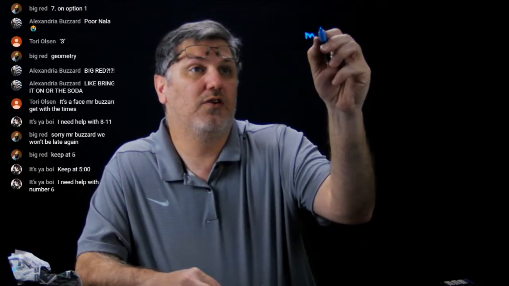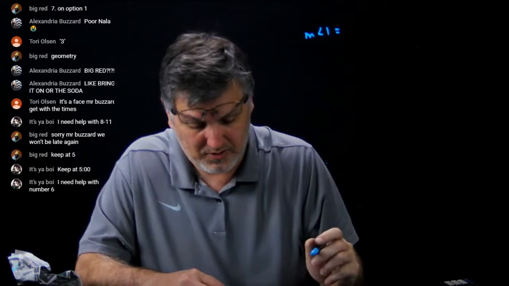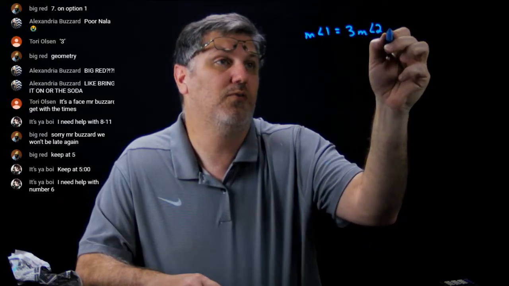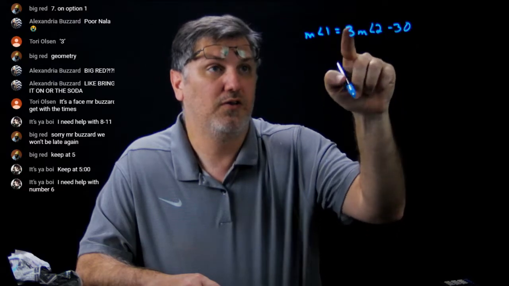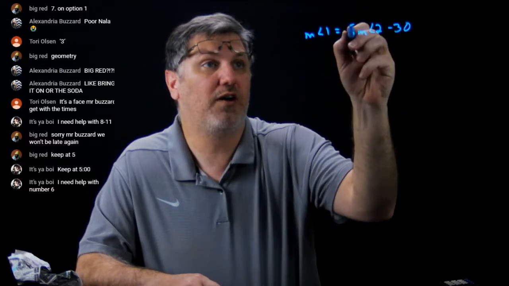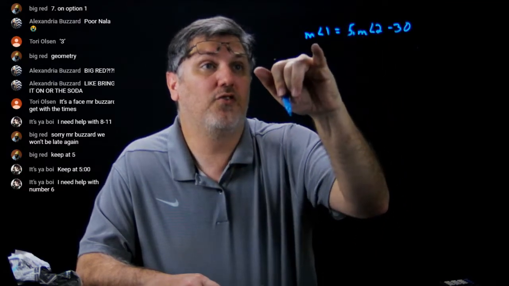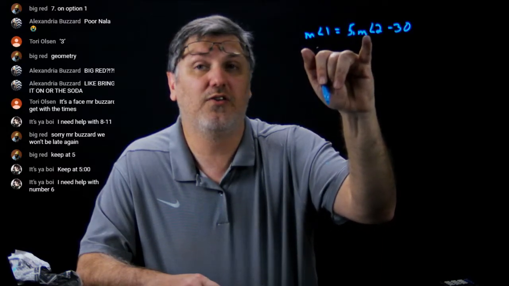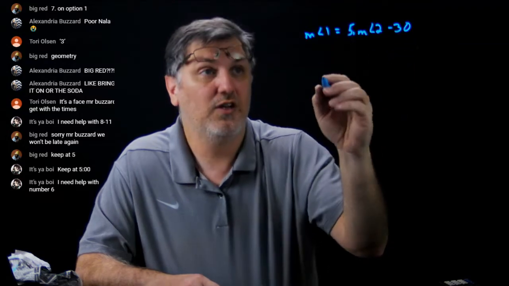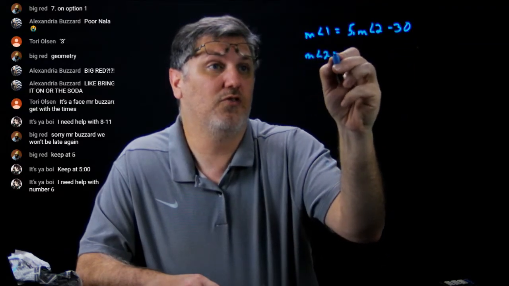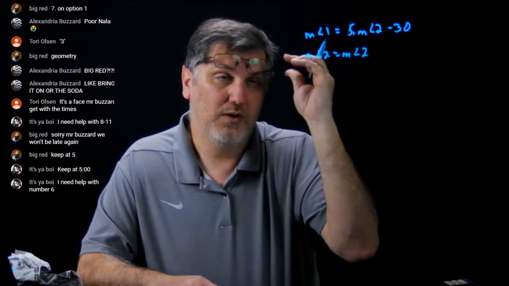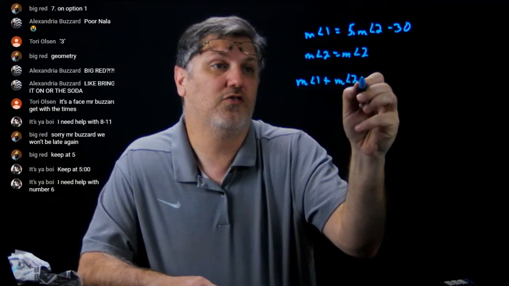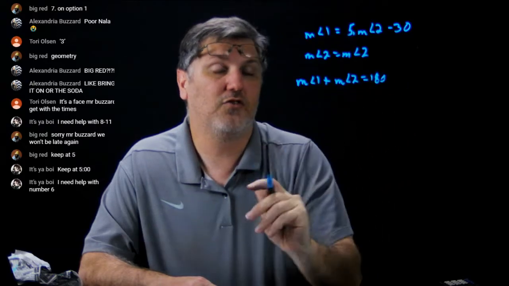So the measure of angle 1 is 30 degrees less than 5 times the measure of angle 2. On the y I wrote a 3, it's 5. So the measure of one of the angles is 5 times the measure of the other angle minus 30 degrees. And then we know the measure of angle 2 equals the measure of angle 2. We know the measure of angle 1 plus the measure of angle 2 equals 180 because it tells me it's supplementary.